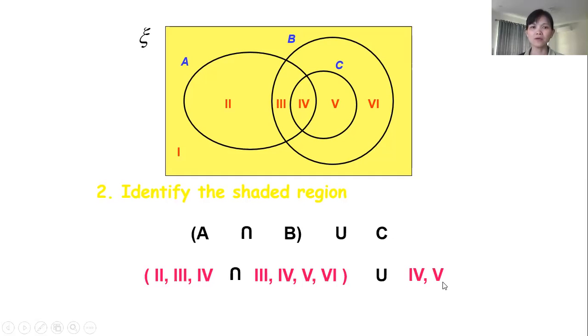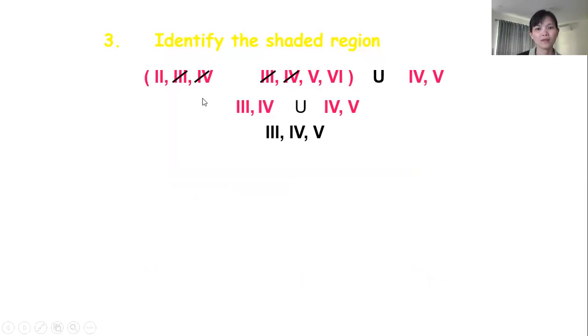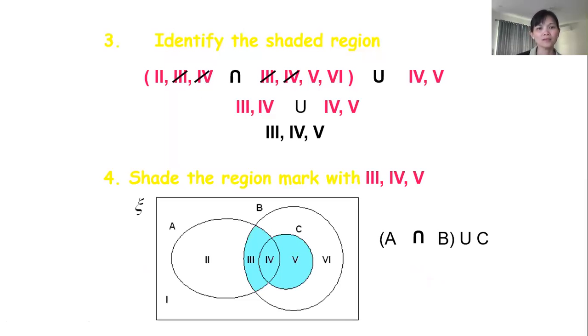Intersection means that we want to find the common numbers. 2, 3, 4 intersect with 3, 4, 5, 6, the common numbers are 3 and 4. So we write down 3 and 4, union 4 and 5.